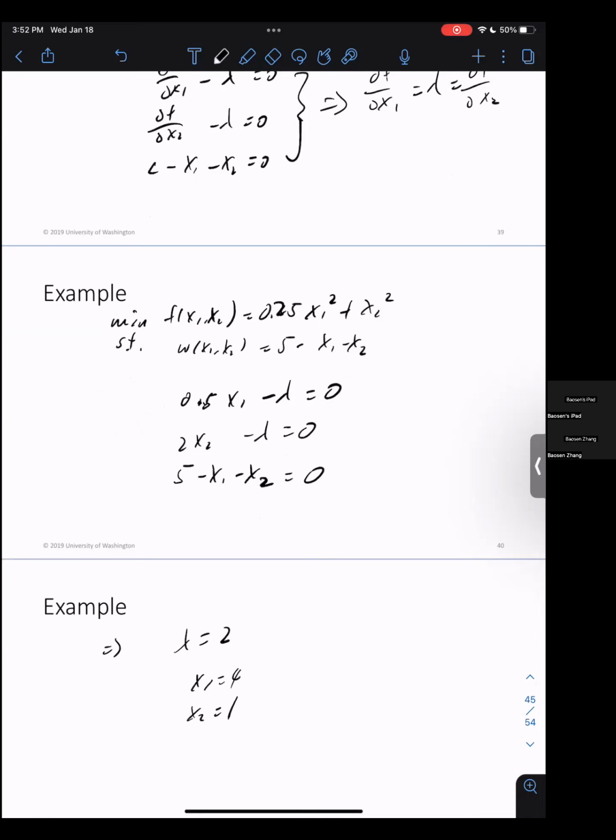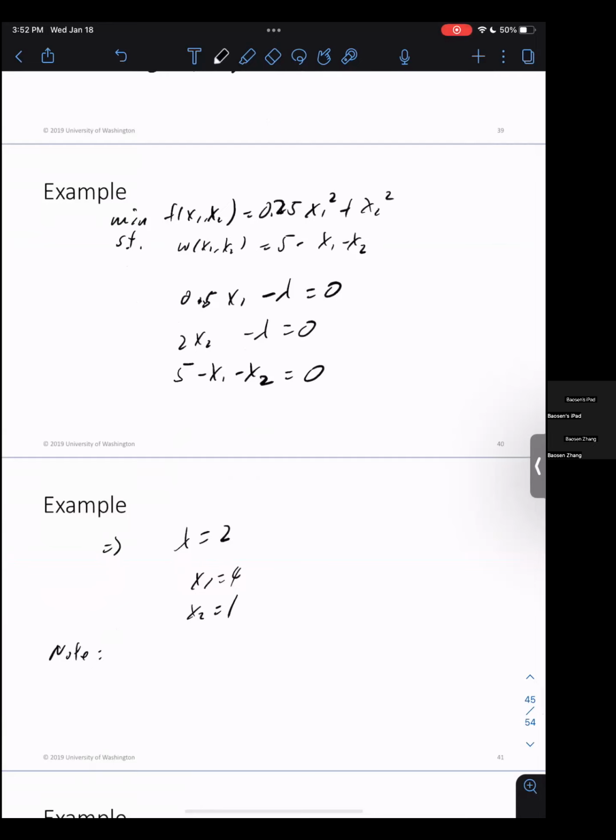So this is the problem we have. You can definitely have more variables. It doesn't matter; it's a bigger system, and this linear system is not very hard to solve anyway. One note is we always write L minus x1 minus x2 for this constraint. There are two ways to write it: x1 plus x2 minus L equals 0, or L minus x1 minus x2 equals 0.